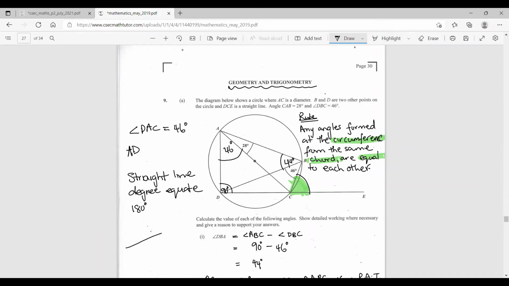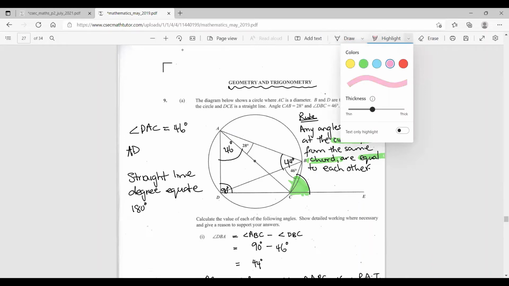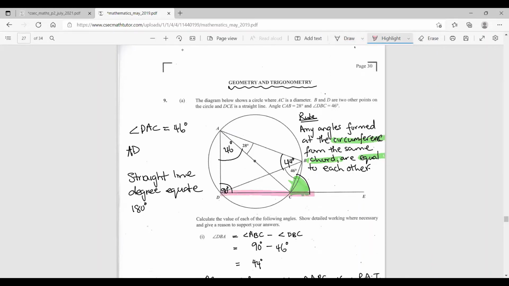So once you have a straight line, a semicircle is formed, and this is 180 degrees. Why? Because if you form another 180 degrees, you'll get your full circle, which is 360 degrees. So anytime you see a straight line, we know that it's 180 degrees. Therefore, we know that this is a straight line here. Therefore, this entire part here equates to 180 degrees.